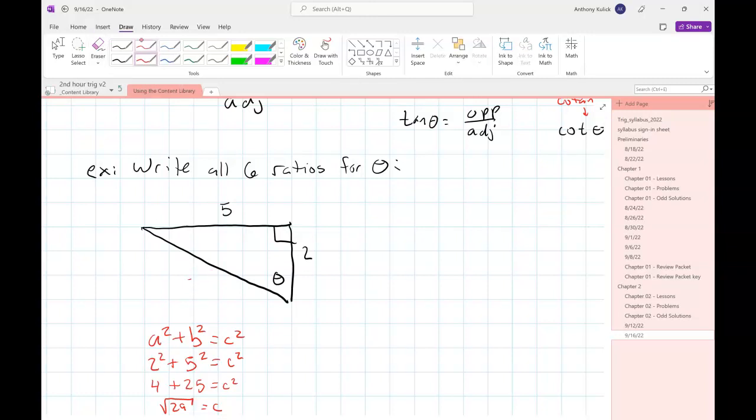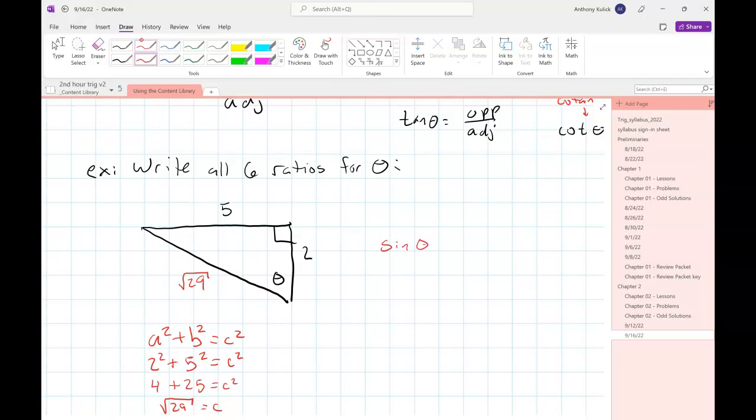So I get that the square root of 29 is my hypotenuse. Everybody cool with what we did there? Okay. All right, let's start writing these guys down then.